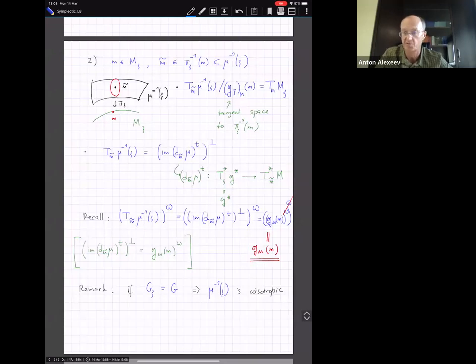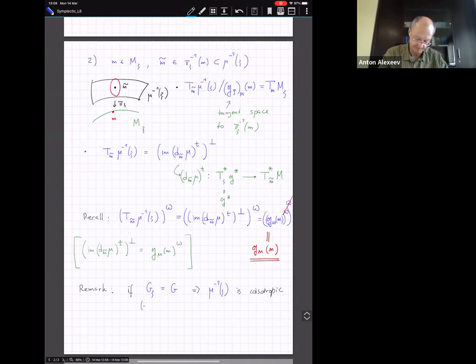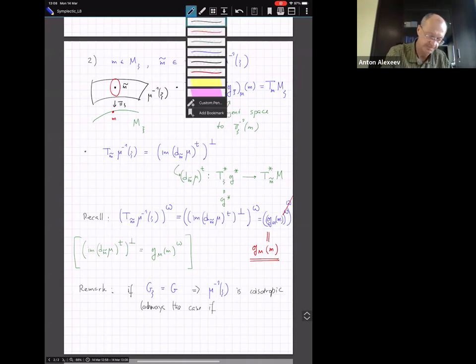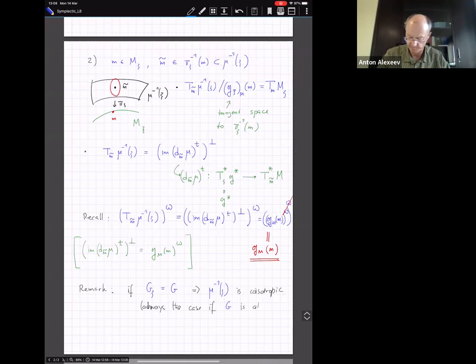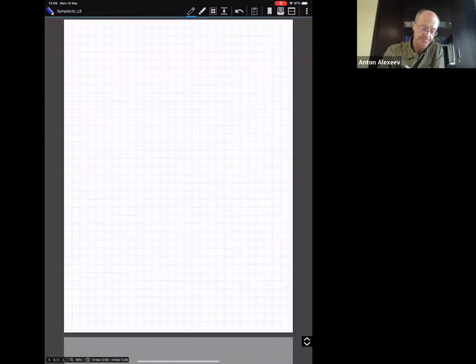And this means that the fiber would be coisotropic. So, for instance, this is always the case if G is abelian. Right? Then the coadjoint action is trivial, and for every point, the coadjoint stabilizer is just the whole group. Okay, good.